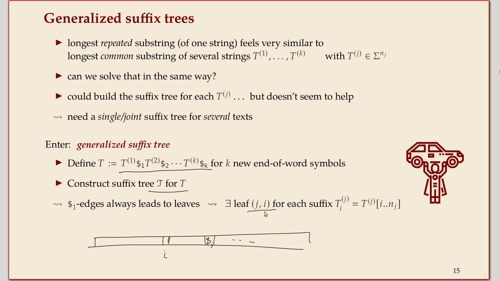Now, we would rather like in our leaves to store which string this is and where inside that string the suffix starts, as opposed to where in this concatenation. I think for the examples, this is rather an implementation detail. In the way we draw the trees on the slides with the edge labels, you can just assume that we stop at the first $ sign.